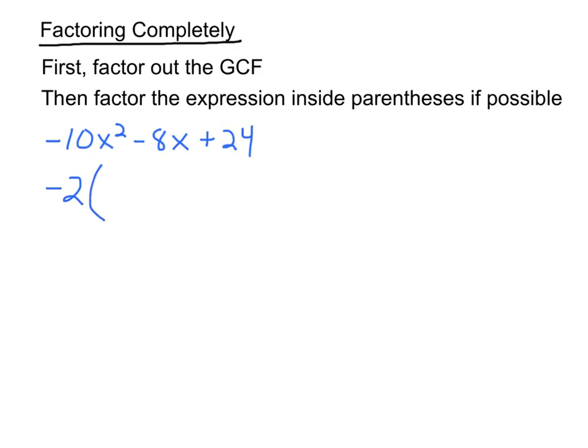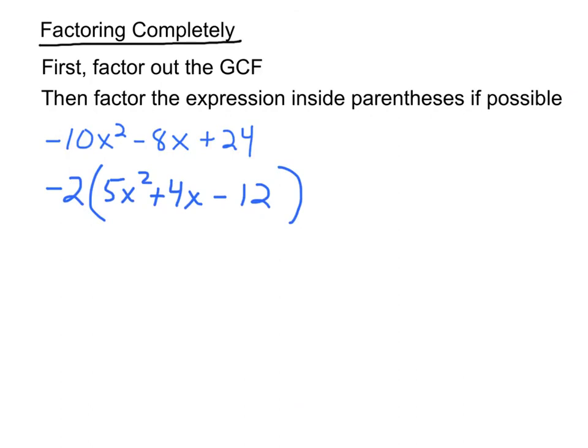So we'll factor out a negative 2 from all three terms. Now when you factor out a negative number, it changes all the signs. So this negative will change to a positive, this negative is going to change to a positive, and this positive will change to a negative. So we're going to have 5x squared plus 4x minus 12.